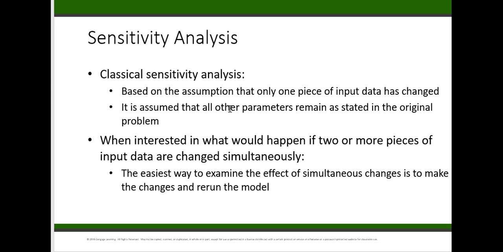So if you have more than one parameter and you want to see what happens if all of them change at the same time, you can't rely on the sensitivity report that Excel provides. You need to run the problem again. You need to make those changes on your spreadsheet model and run it again. I'll show you what I mean by that.